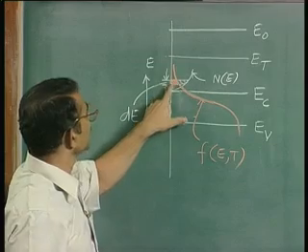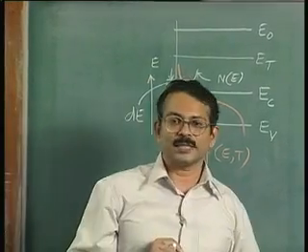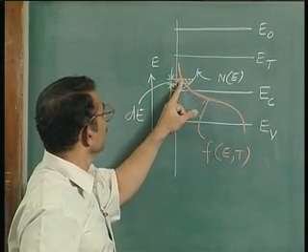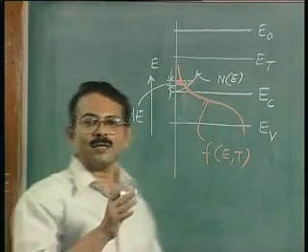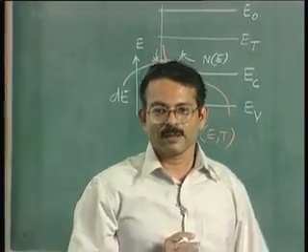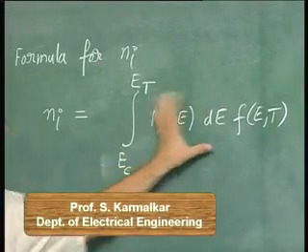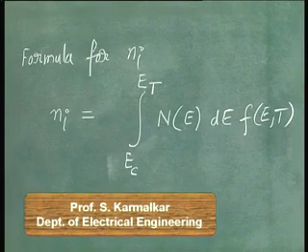So that shaded area here shows within energy interval dE how many electrons are there, because the ratio of this red area to this white area over this interval dE is actually the fraction that is occupied. So that is this term, and now you integrate, you will get the total number of electrons.